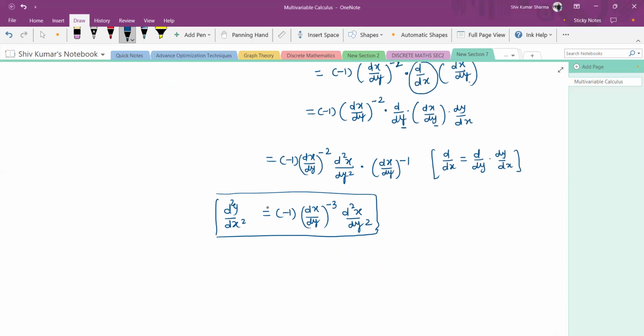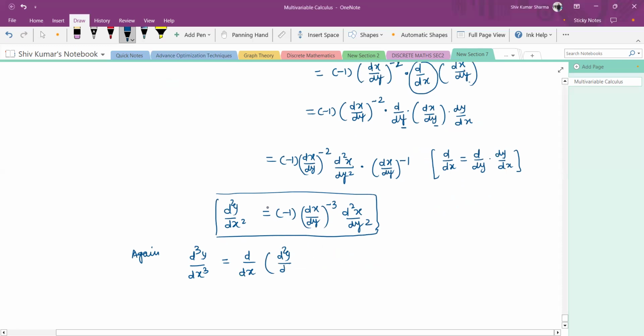Now again, when we obtain d3y upon dx3, that means the third derivative, we can write this as d over dx of d2y over dx square. So this equals d over dx of -1 (dx upon dy) raised to the power -3 into d2x over dy square.